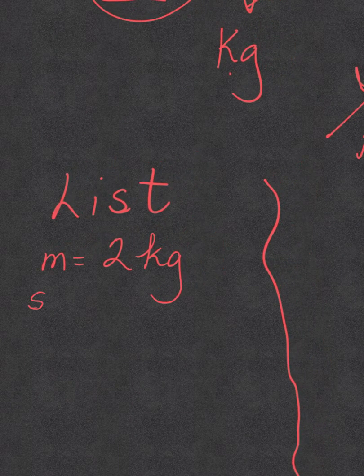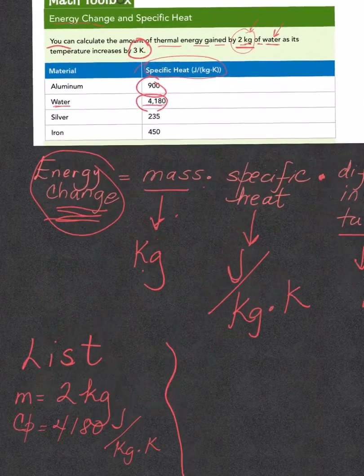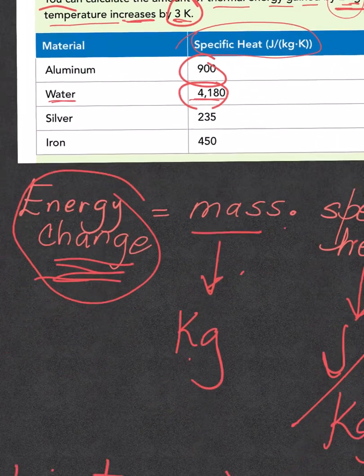A specific heat, in chemistry we use CP, is 4,180 joules per kilogram Kelvin. As its temperature increases by 3 Kelvin.